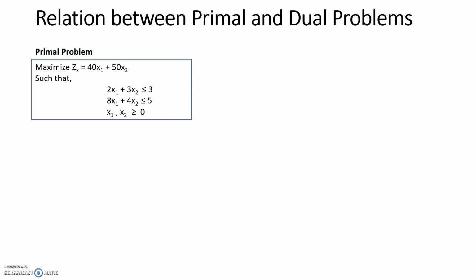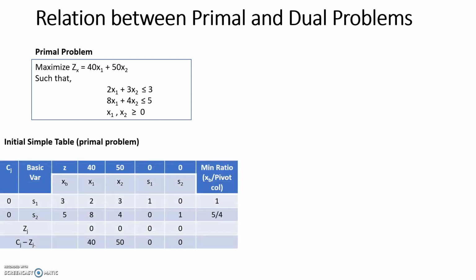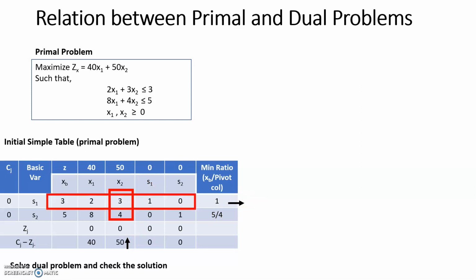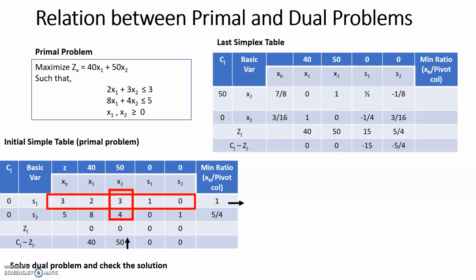Now this is our primal problem. We converted this into the initial simplex table, and we solved this problem by using the rules. So x2 is the incoming variable on the basis of minimum ratio, s1 is the leaving variable, and now solve this problem. The last simplex table is this.